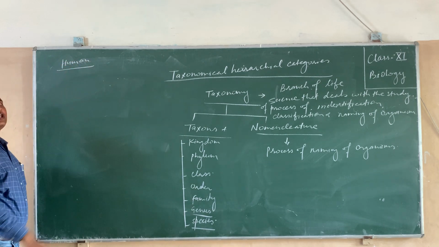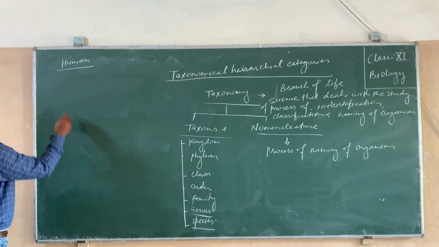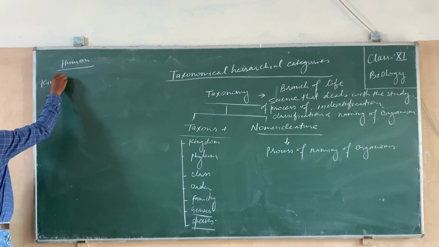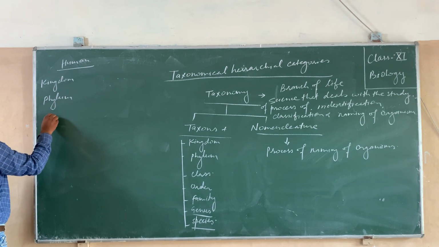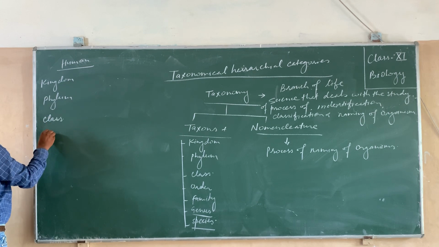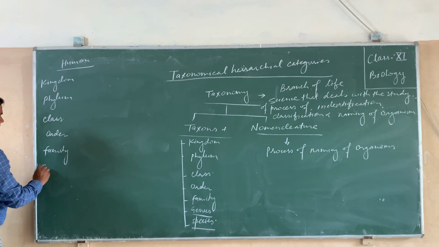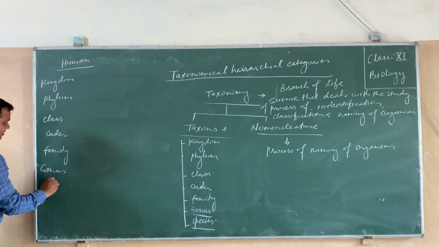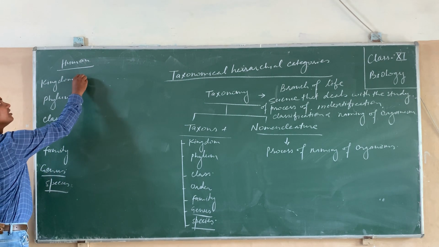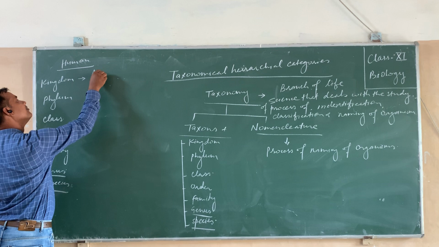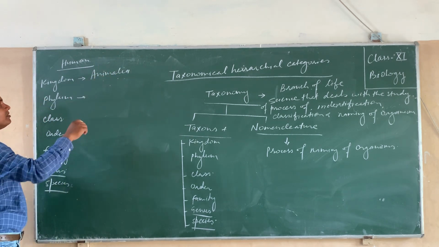If you are going to classify humans on the basis of these taxonomic categories, what can we write? Kingdom, the second is phylum, class, order, family, genus and species. Human belongs to kingdom Animalia, means all humans are animals.